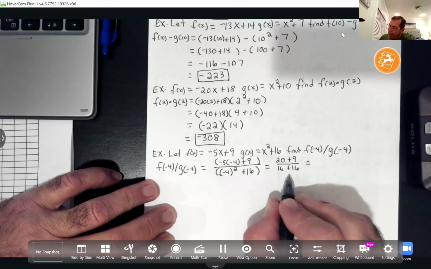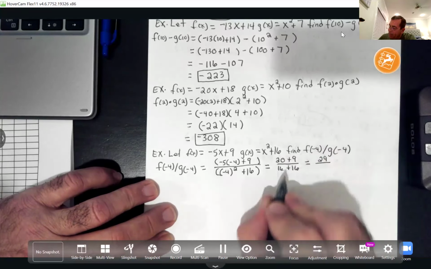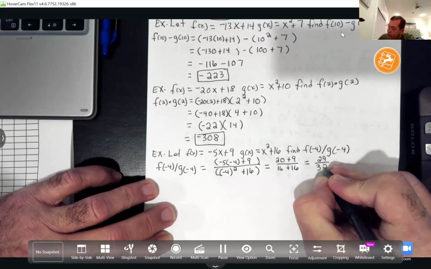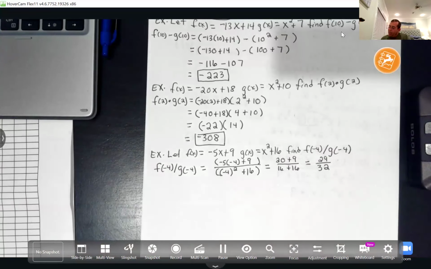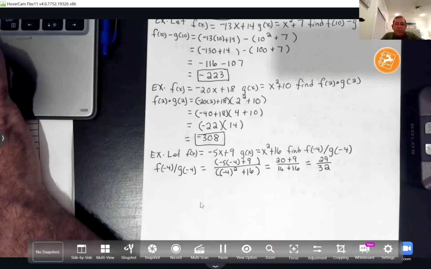All right, now add the top, add the bottom. Looks like I'm getting a 29 on top. 16 and 16 give me 32 on the bottom. And y'all, I don't think that's going to reduce, but if you want to check and see if it reduces, pop it on the calculator real quick.